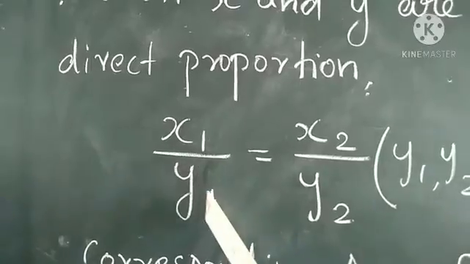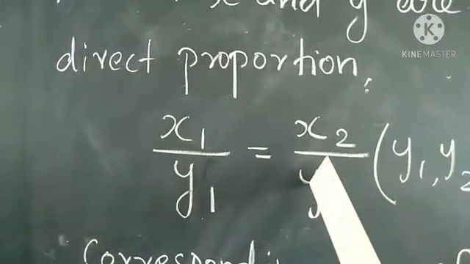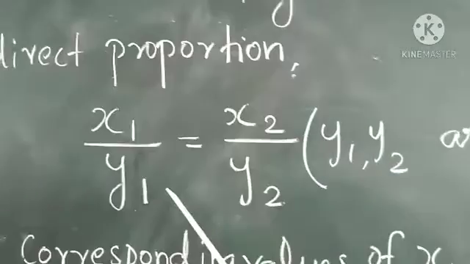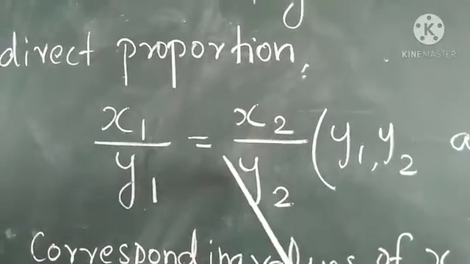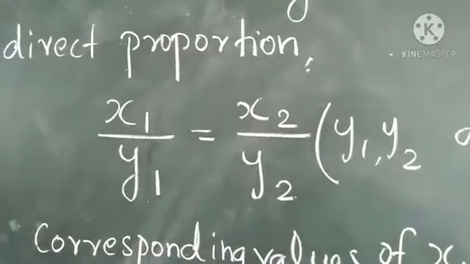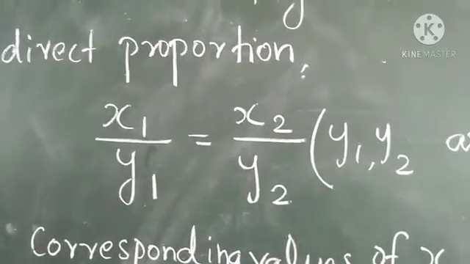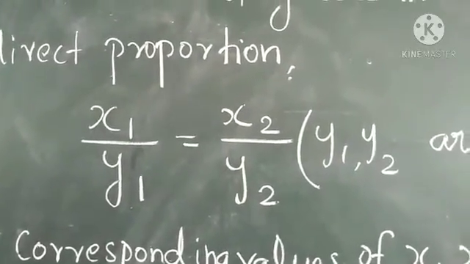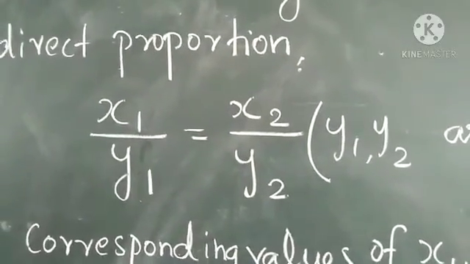Next, if we put the money deposited for 2 years, the ratio x1 by y1 will be equal to x2 by y2, and it will be a constant. Okay, this is the condition for direct proportion. Using this we can do problems.